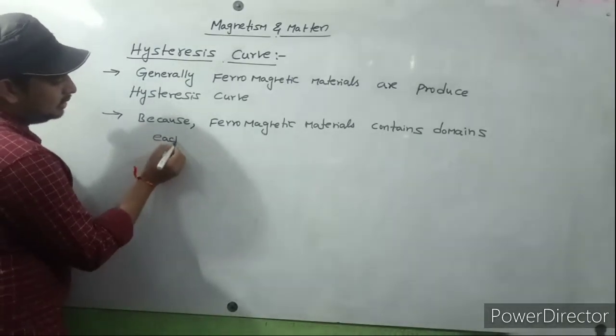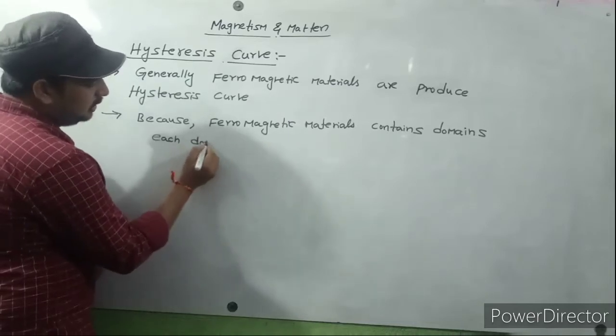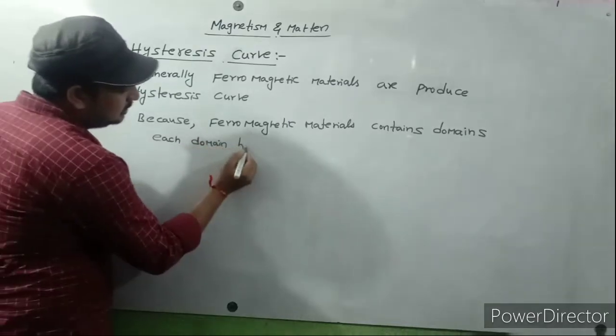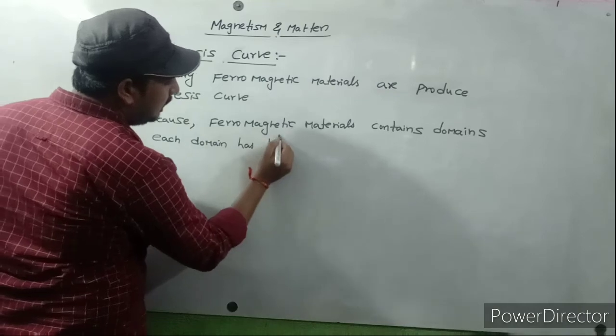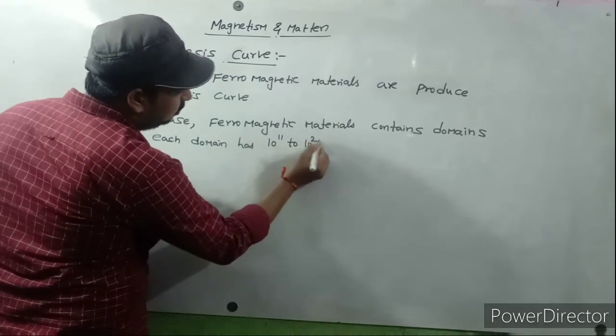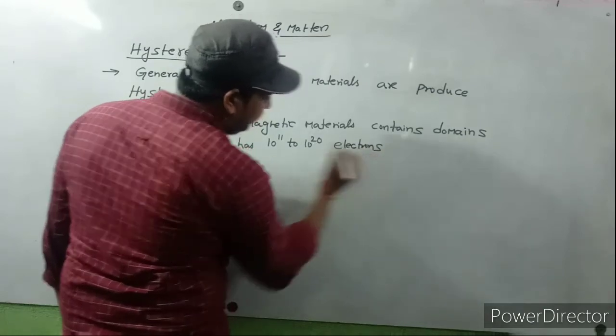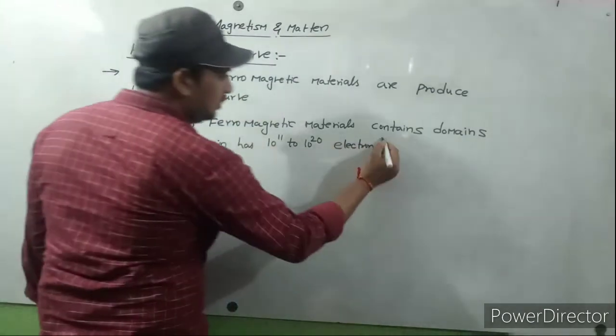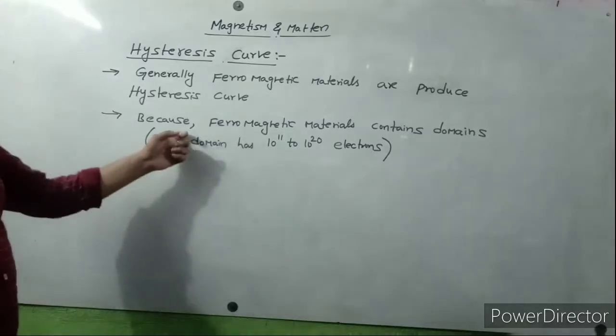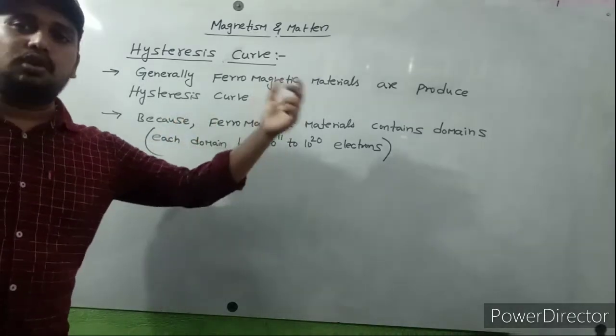Each domain has 10 power 11 to 10 power 20 electrons. Because ferromagnetic materials contain domains.